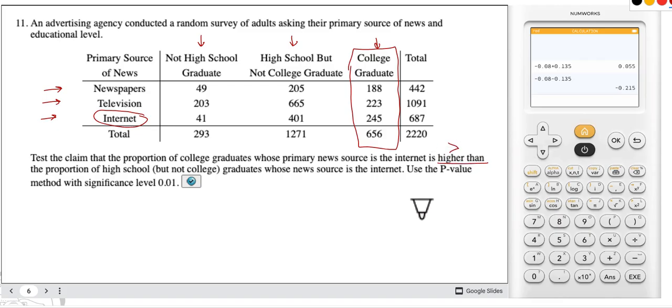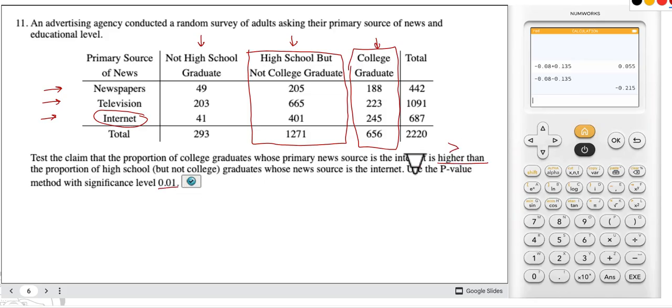Read from left to right, is greater than the proportion of high school but not college graduates, so this is the second group we're looking at, whose news source is also the internet. Use the p-value method with significance level 0.01.